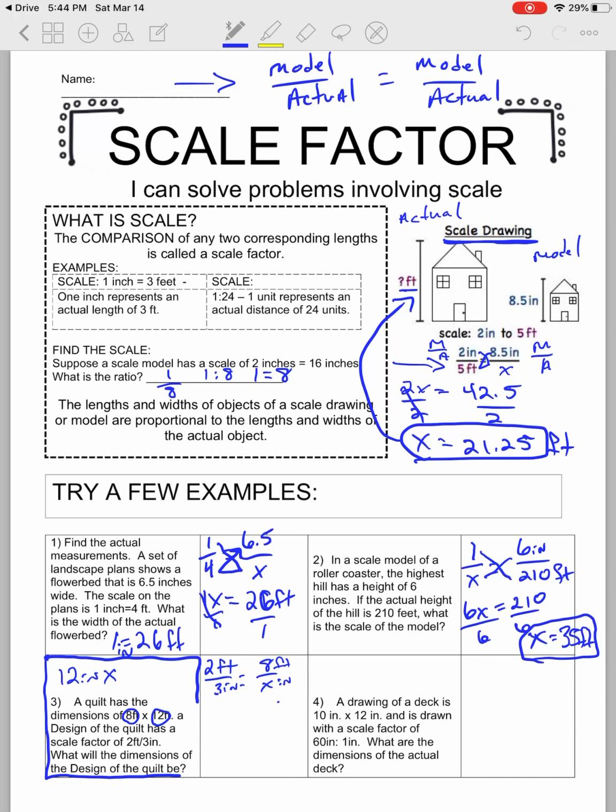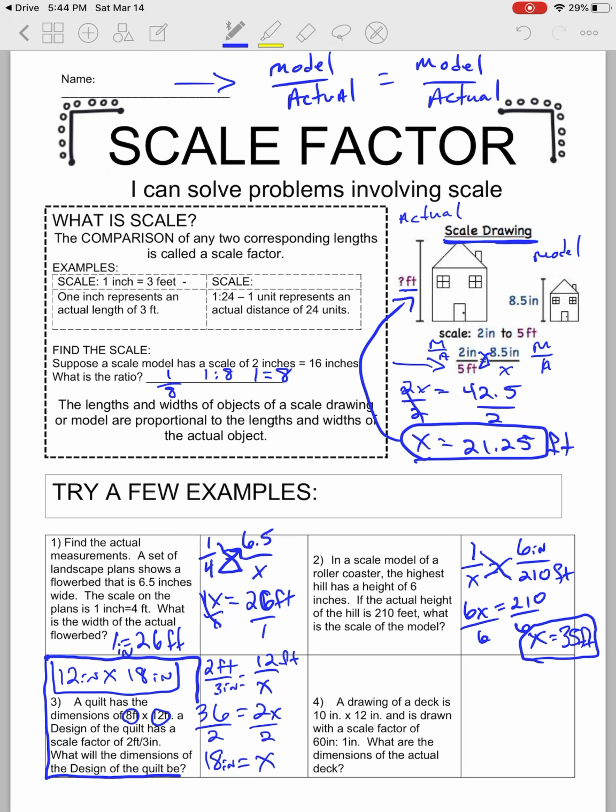Now our next one, instead of 8, we'll have 12. Again, cross, multiply, and divide. You get 2x is equal to 36. Divided by 2, x will equal 18 inches. So right here is your new measurement. 12 inches by 18 inches.